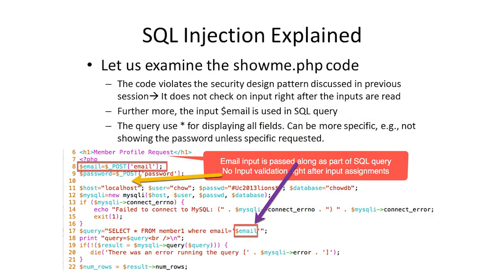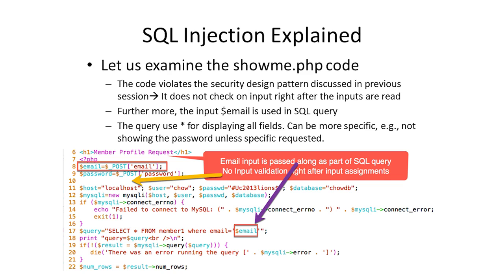Let's examine the showme.php code to understand where the vulnerability of the SQL injection occurs. First, we can spot the pattern: it violates security design pattern A we discussed in the previous session.